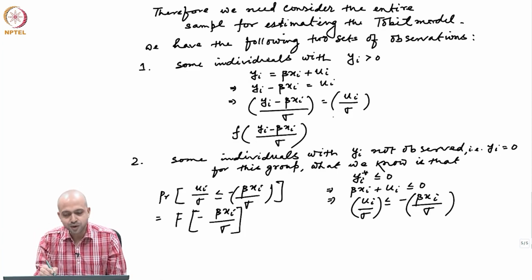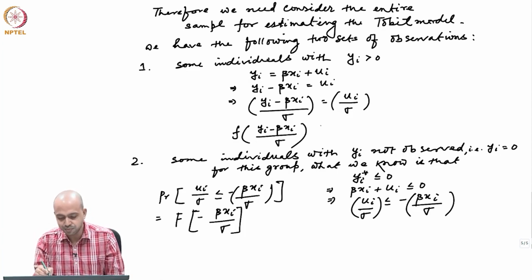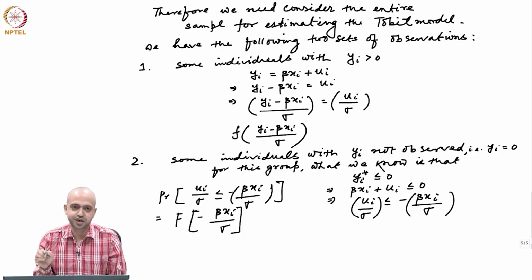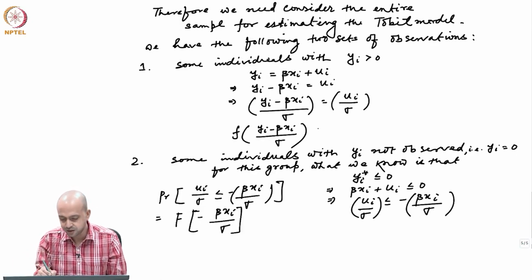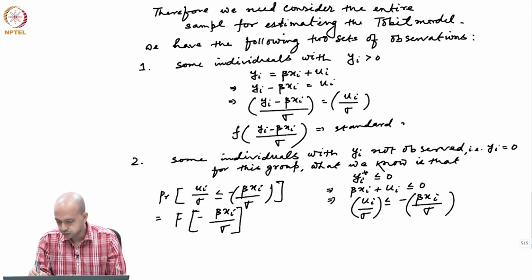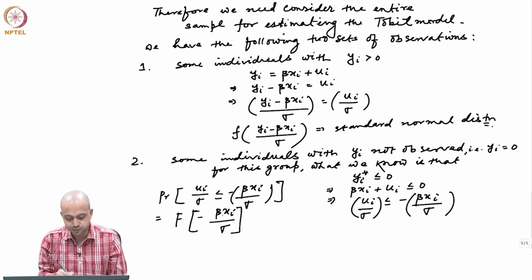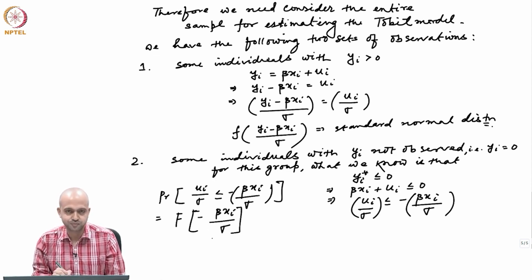After some manipulation and dividing both sides by sigma, f of yi minus beta xi by sigma is basically a standard normal density, and this is the cumulative standard normal distribution.